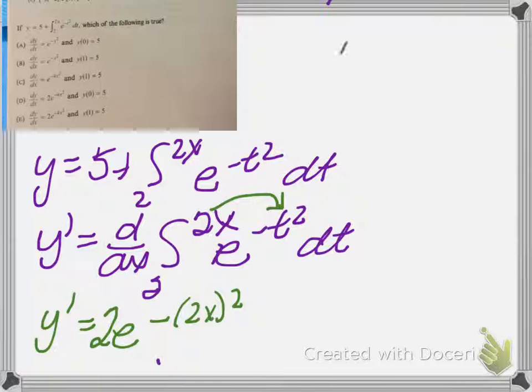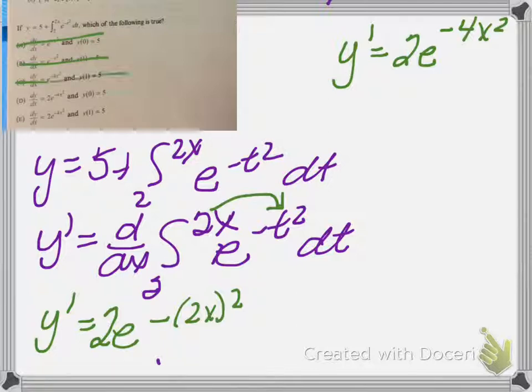So y prime is equal to 2e to the negative 4x squared, because that negative was on the outside. Okay, so now I look at all my choices, and you can see that A, B, and C are out as choices.